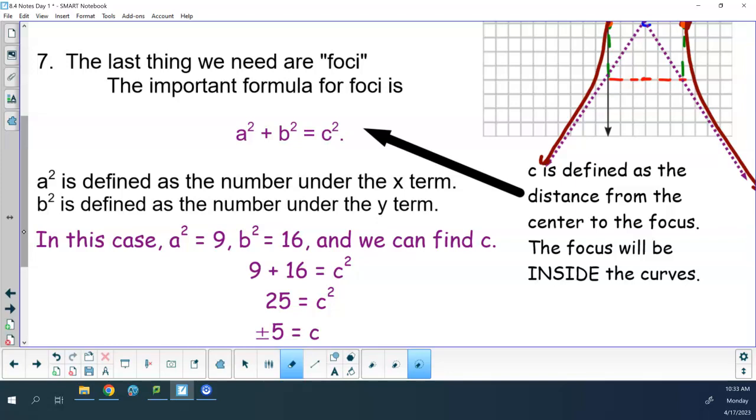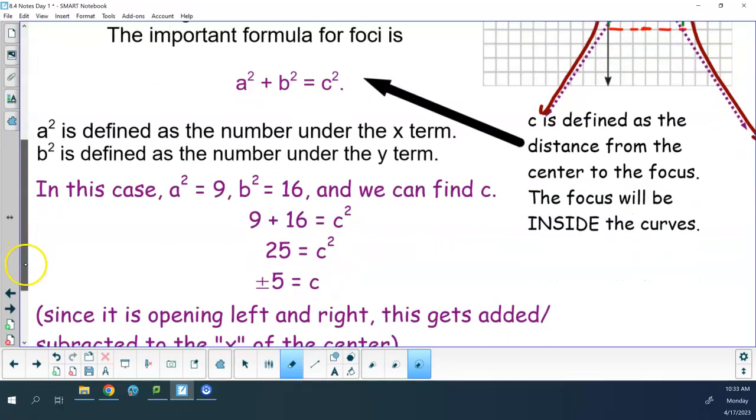So a squared is the number underneath the x term, b squared is the number underneath the y term. We already saw those when we did step number 3 and we built our box. So in this case, a squared plus b squared is 25, and the square root of 25 is 5.